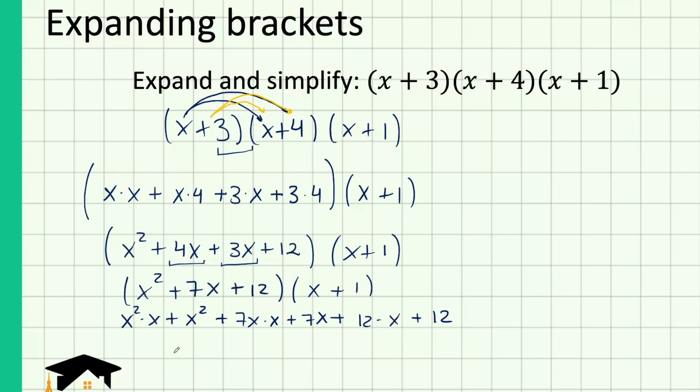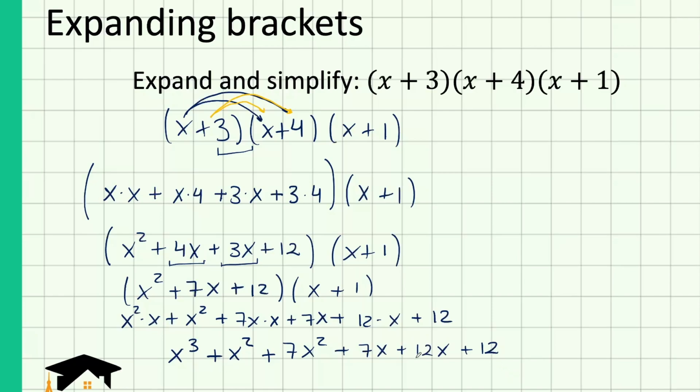x squared times x is x cubed. Then we have plus x squared. Then we have plus 7x times x is 7x squared. Then we have 7x. 12 times x is 12x. And finally 12.